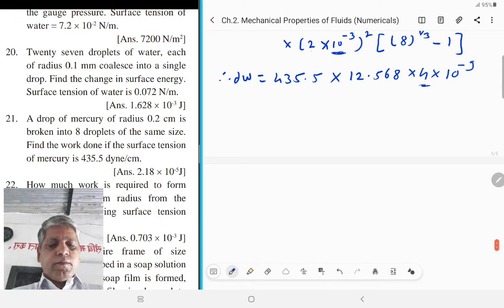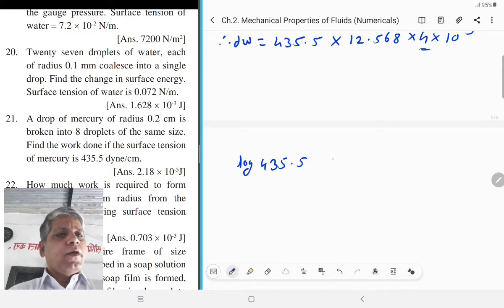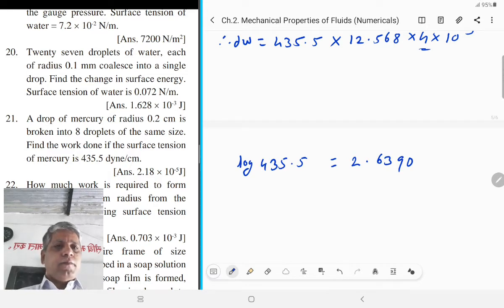The log of 435.5 is equal to, characteristic is 2, mantissa is 6390.